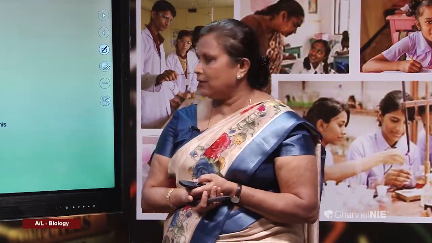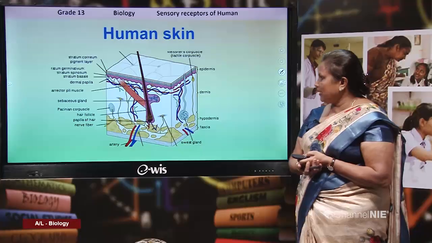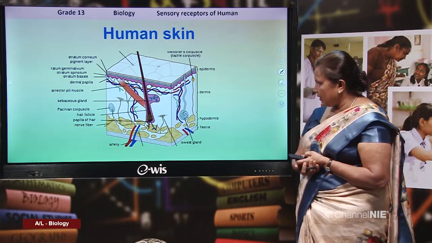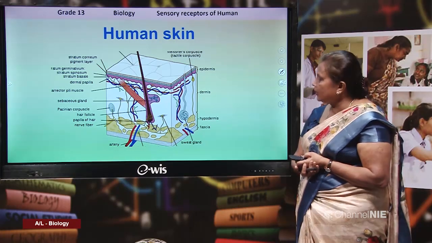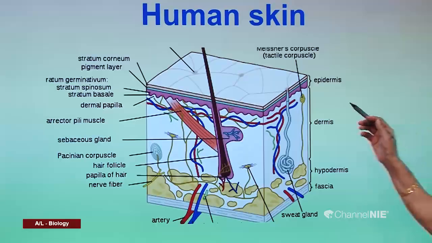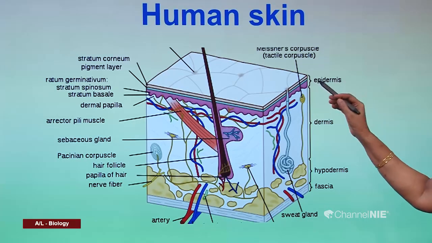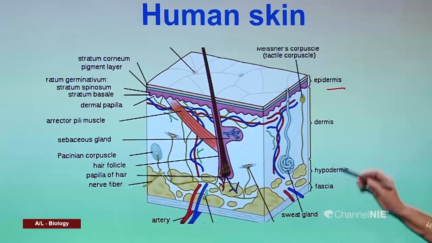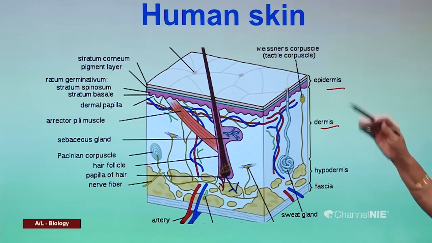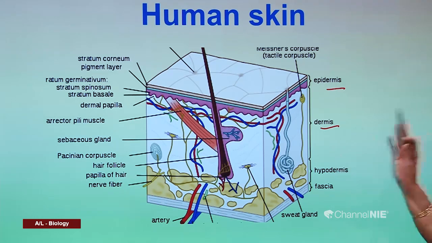This shows part of the human skin and the different structures present within the skin. There are two major parts: the epidermis and the dermis. In addition to that, you can see a number of different structures within the human skin.